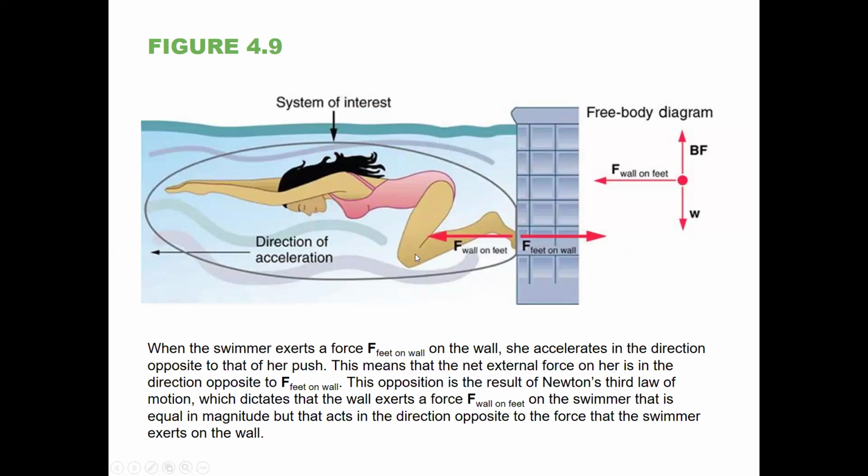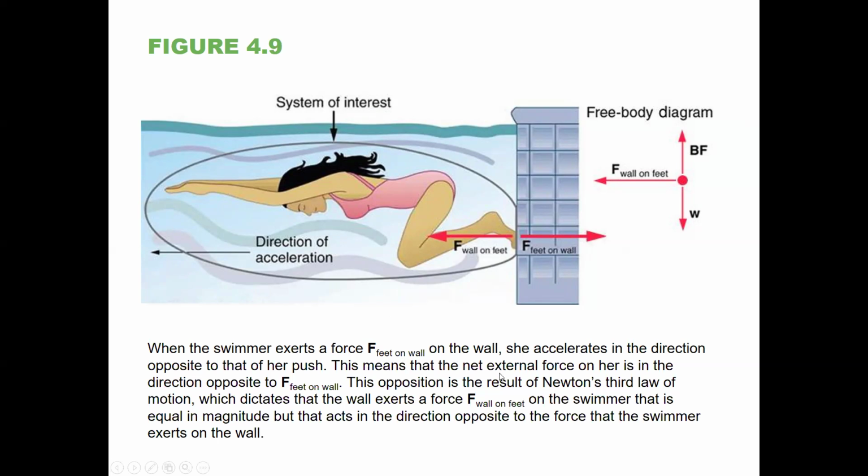So when we look at the swimmer here, you see that the swimmer exerts a net force on the wall. The swimmer is going to push in this direction, moving east against the wall. The wall is now going to fight back, with Newton's third law, with a force equal in magnitude but opposite in direction, which makes the swimmer move in this direction.